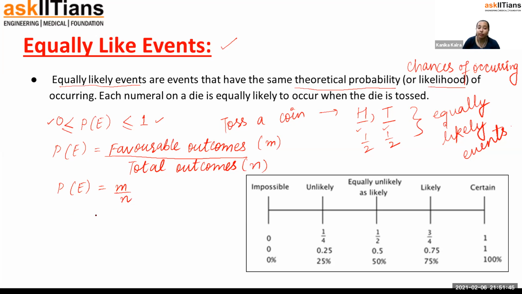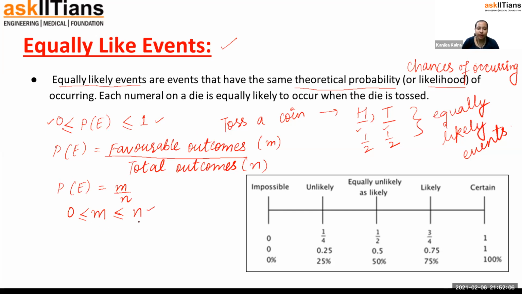All right. Now value of m can be equal to or greater than 0, but it cannot be greater than n. Although it can be equal to n, it cannot be greater than n. Obviously, favorable outcomes cannot be outside the total outcomes. That is why m cannot be greater than n, right?